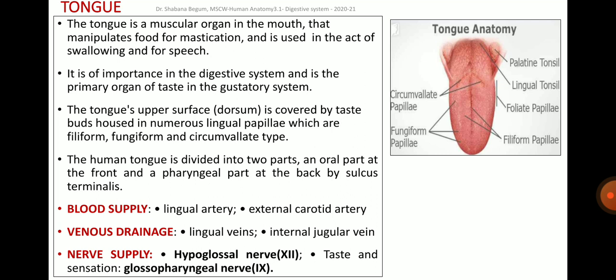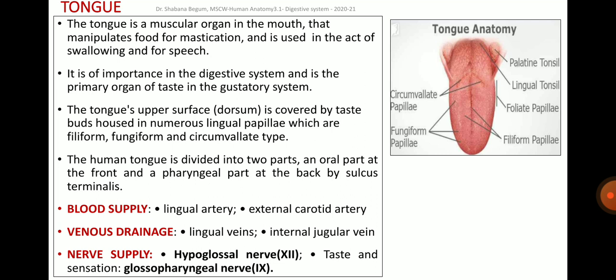The human tongue is divided into two parts, an oral part at the front and a pharyngeal part at the back, by a groove called the sulcus terminalis. Coming to the blood supply of the tongue, it is by means of the lingual artery as well as the external carotid artery.